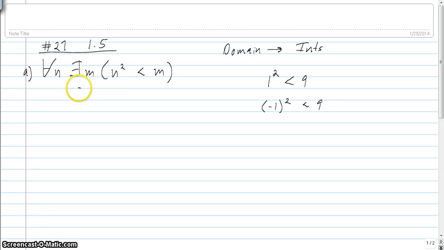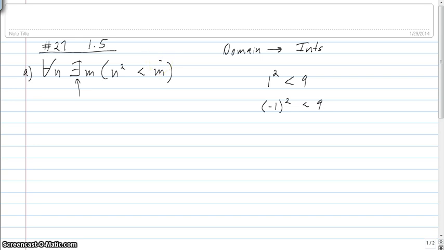Okay, now we have to remember that if we're going to show this is true, we have to show that there exists some m. So if we're going to show that this statement is true, we would have to go in and select an m that's always going to make this true.